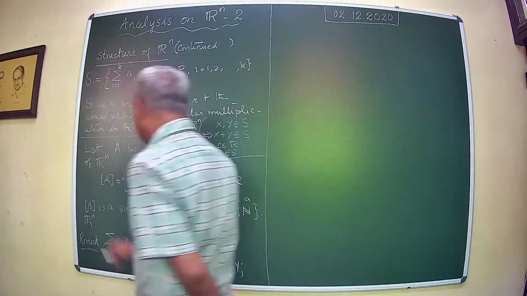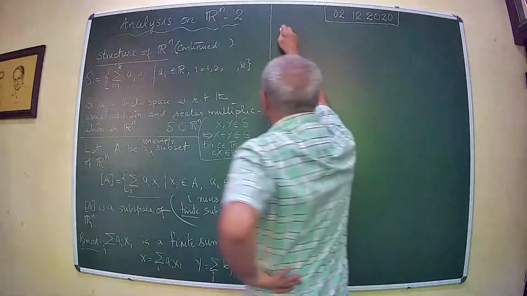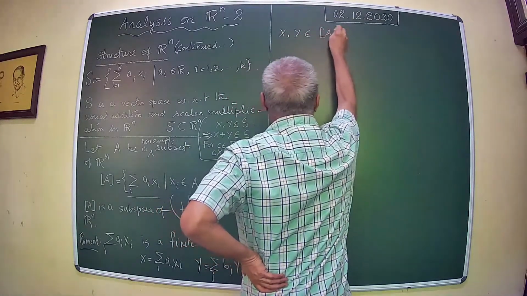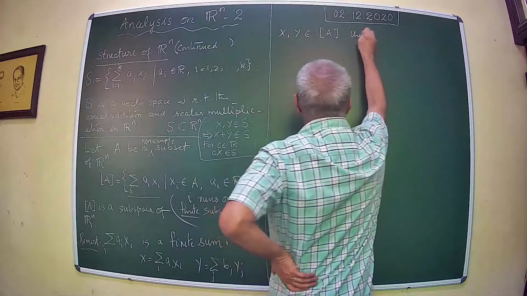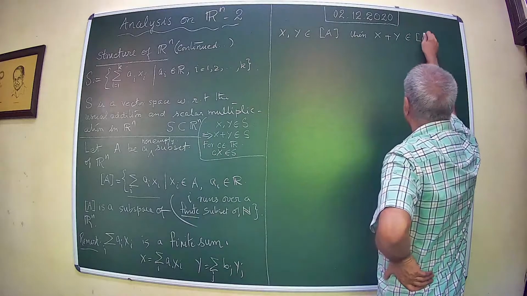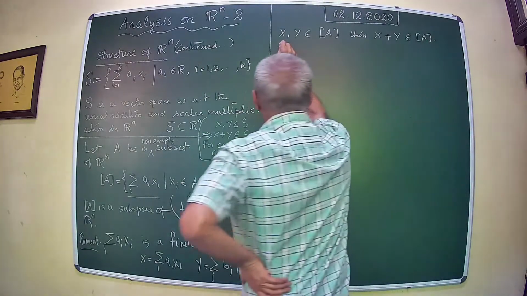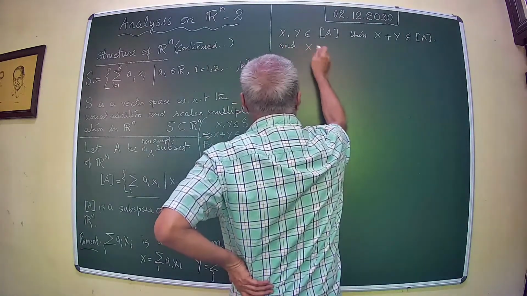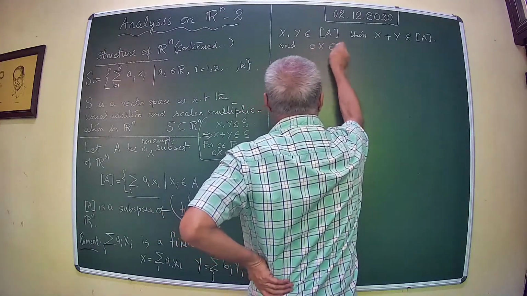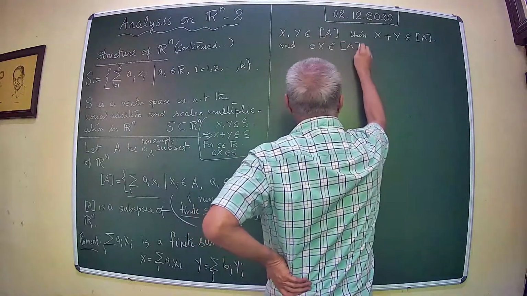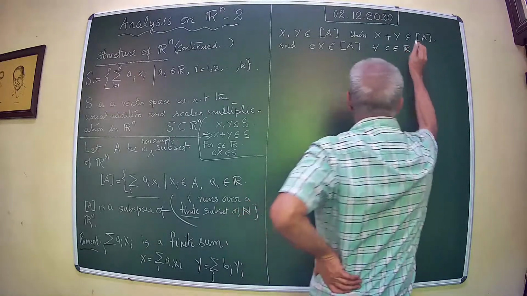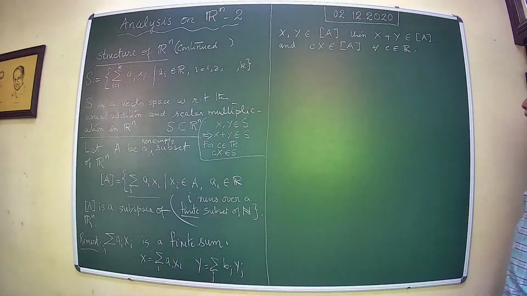So this is very well defined. So you see that if x, y belong to this collection, then so does x plus y and cx, so this is clear.